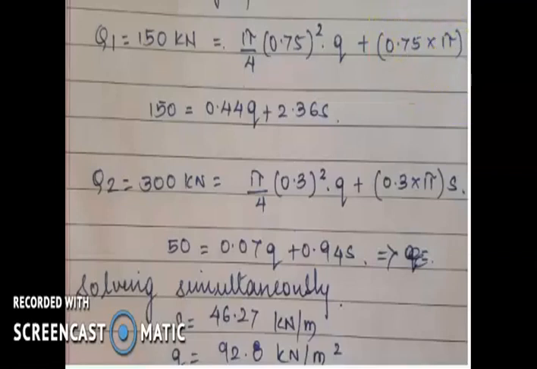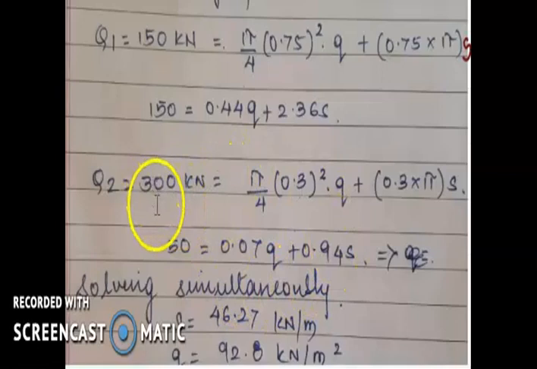This s is not visible, so please write it down, though it's cut off over here. So when I simplify this, I get 150 is equal to 0.44 into q plus 2.36 into s. Likewise, I do it for the second case.